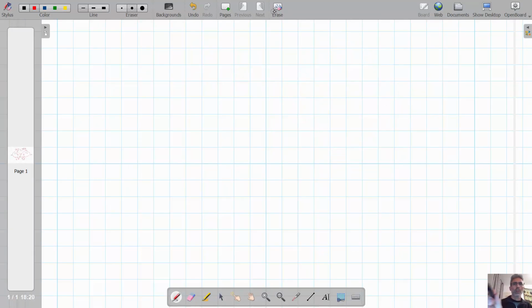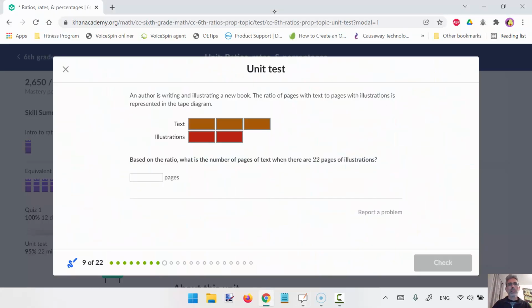Okay. An author is writing and illustrating a new book. The ratio of pages with text to pages with illustration is represented in the tape diagram. Okay.